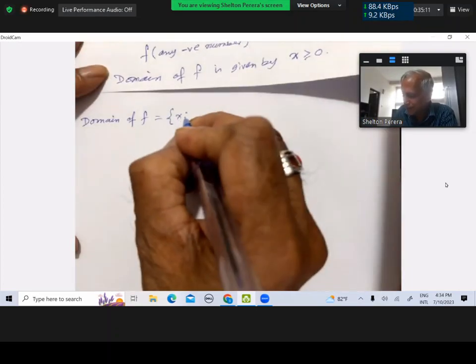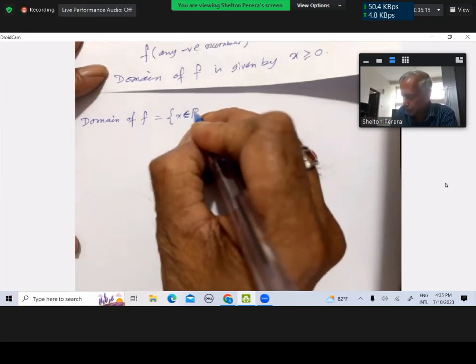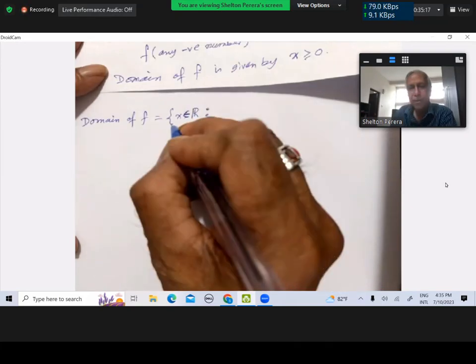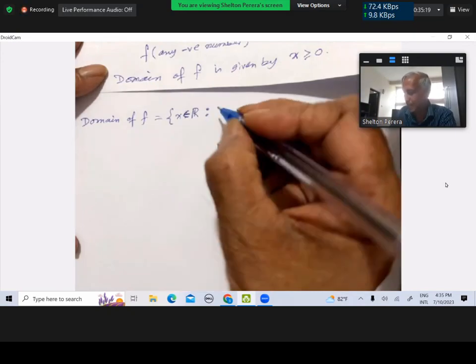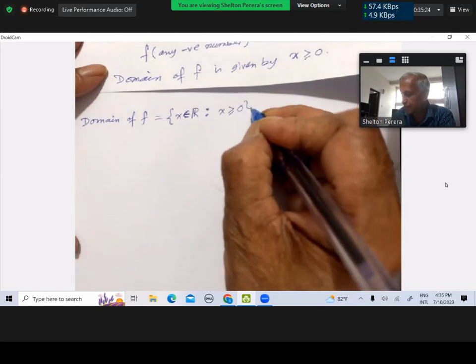As a set, you can write it like this: x belongs to R, x is a real number, such that it is greater than or equal to 0.